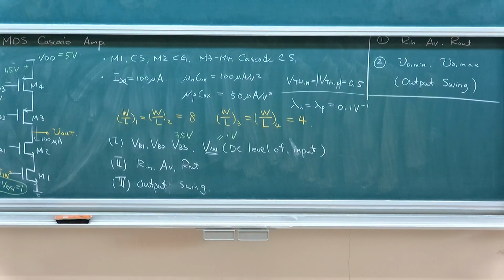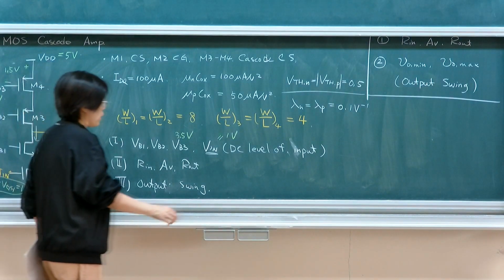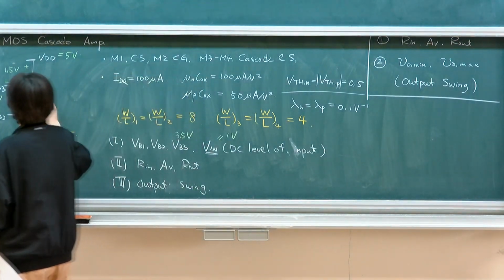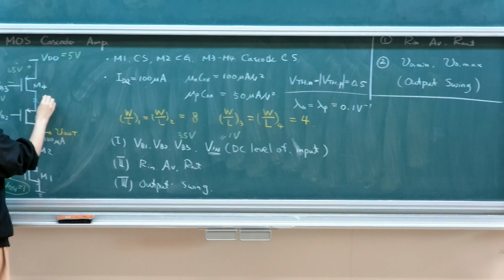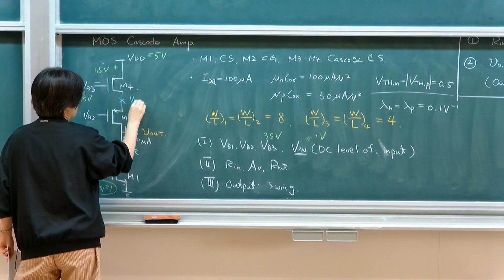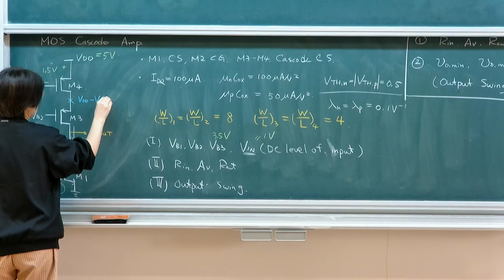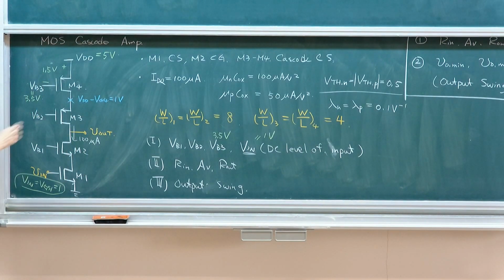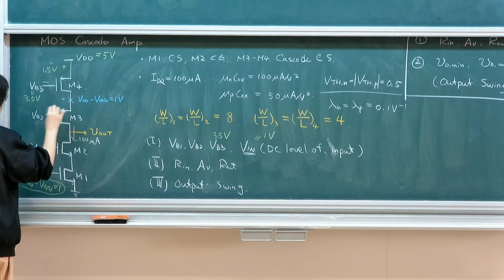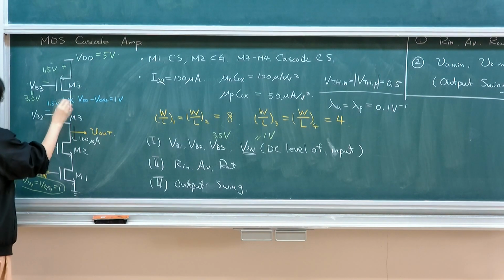So how does one determine VB2? It will be determined when you determine this point, because this point is undetermined. What we typically do is make sure that this is at the highest level, meaning 1 overdrive. So we want to set this to VDD minus VOV4, which is 1 volt. Remember, there's a voltage drop of 1.5.